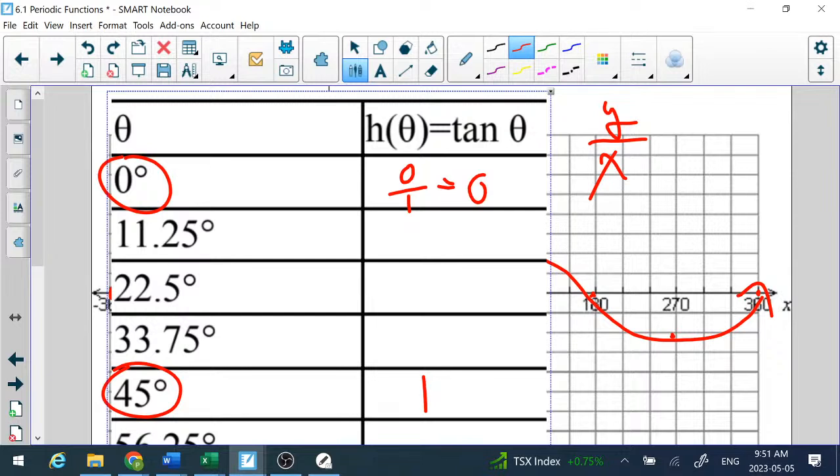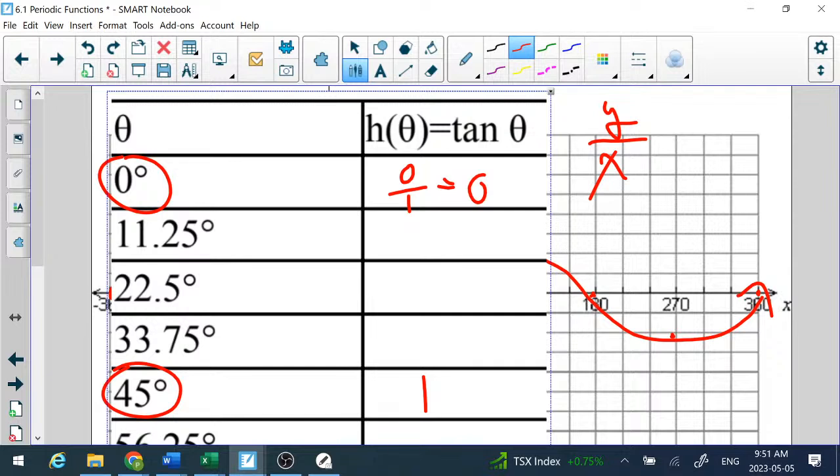Go to 90 now. What's the y value at 90? The y value at 90 is 1, and the x value is 0. What do you get when you divide 1 by 0? Your calculator is going to explode. Do not punch that into your calculator.